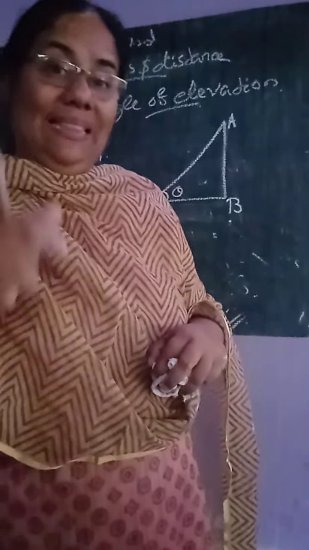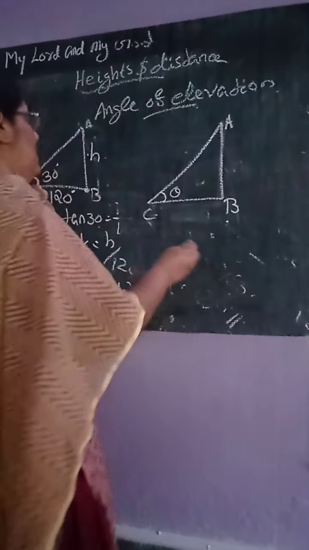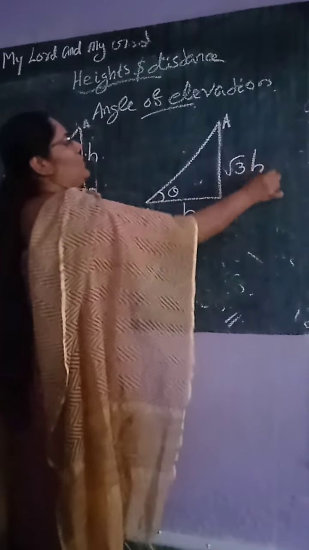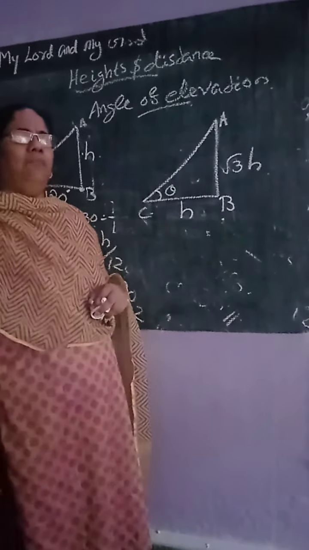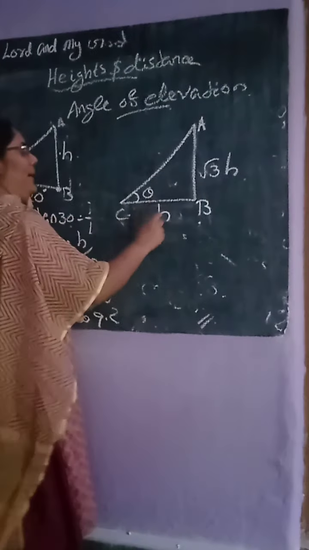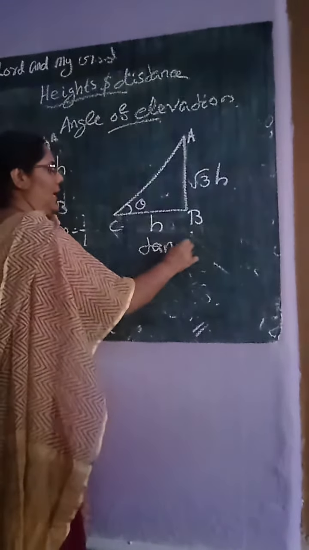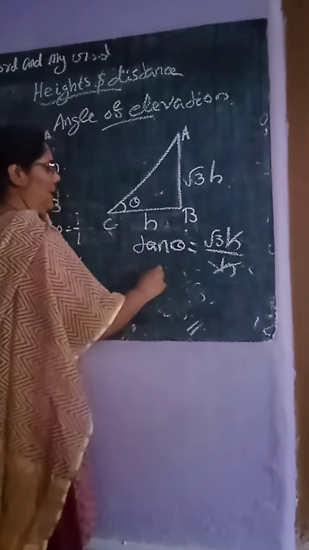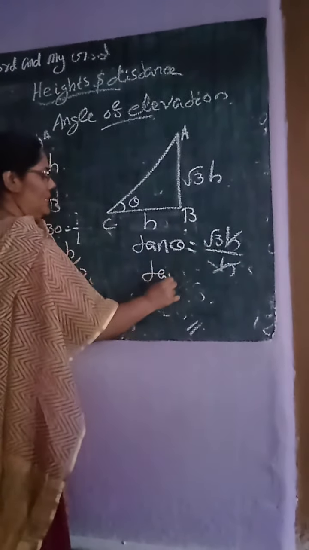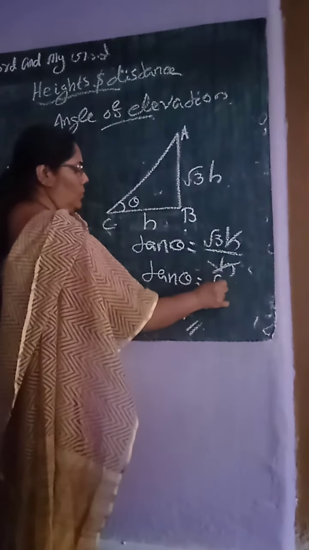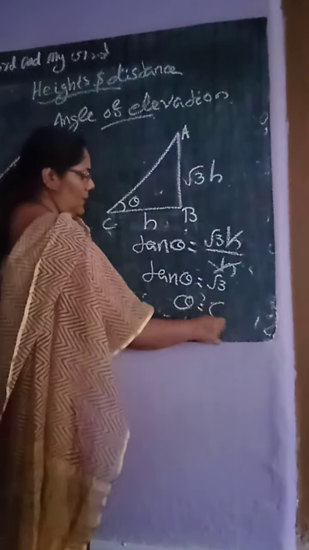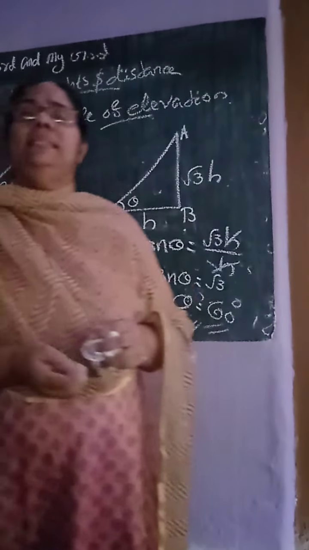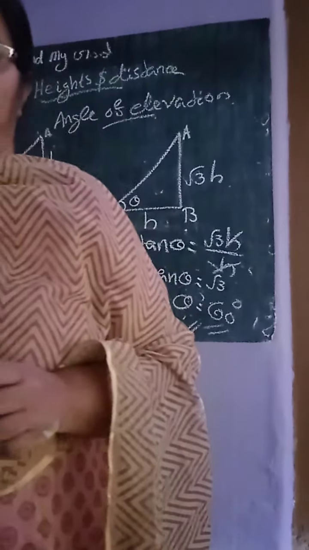But here the height is root 3 times. Therefore, we can take the shadow as h. Therefore, this is root 3h. Same figure. Again, opposite by adjacent is tan theta equal to root 3h by h. h cancel. Tan of which angle is root 3? Tan theta equal to root 3 means theta is equal to 60 degrees.